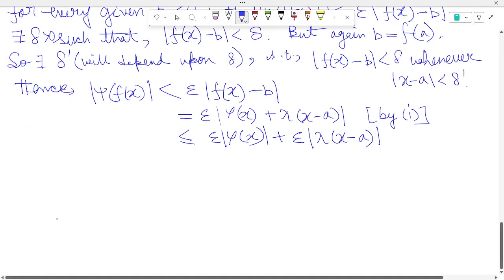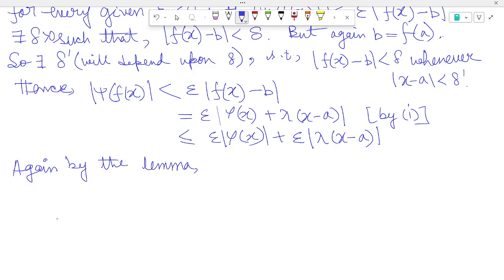But again, by the above lemma which we discussed first, for lambda also there exists m dashed such that, because lambda is also a linear transformation, so apply the result on lambda.